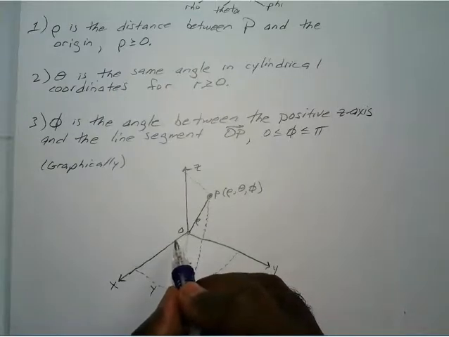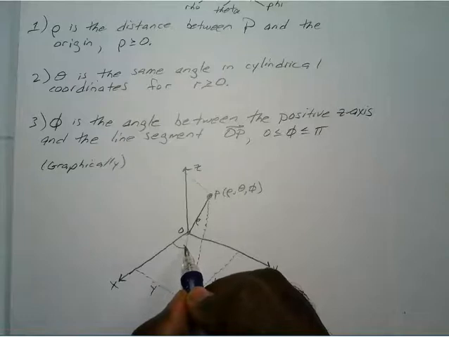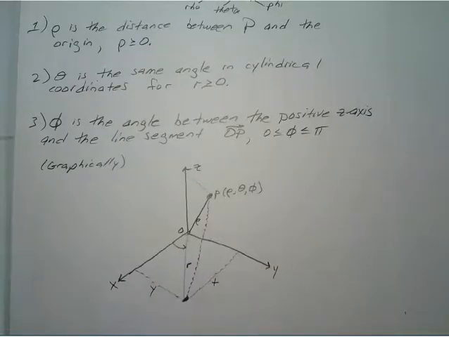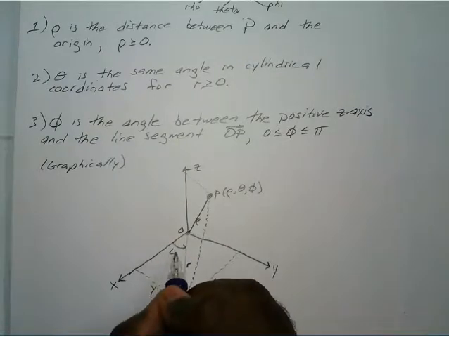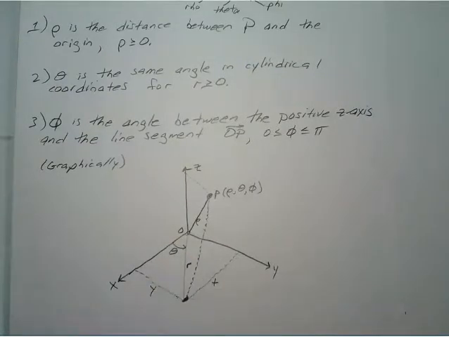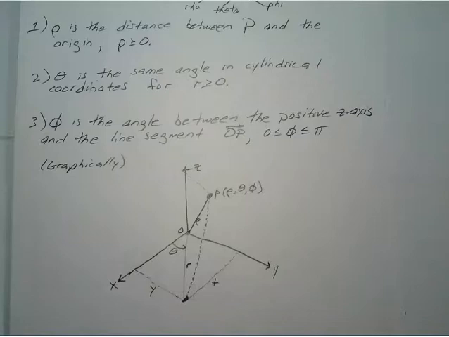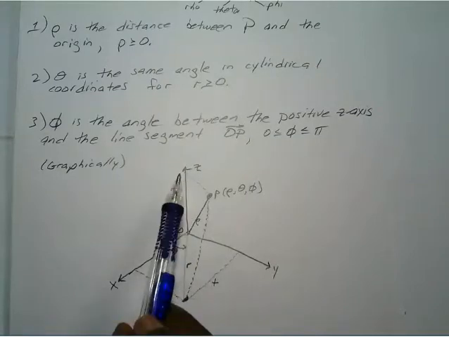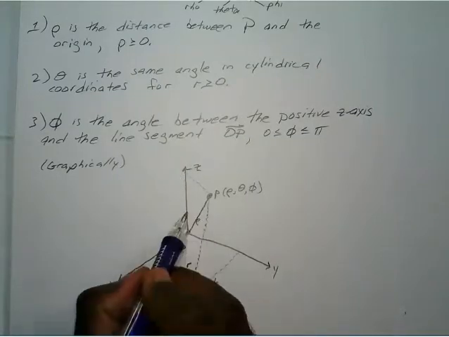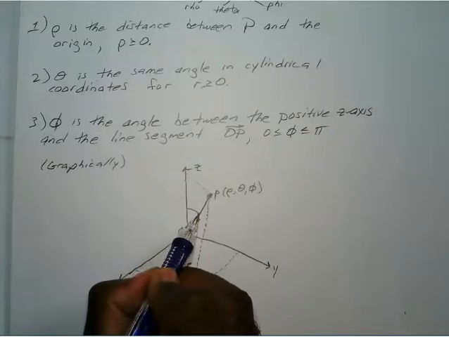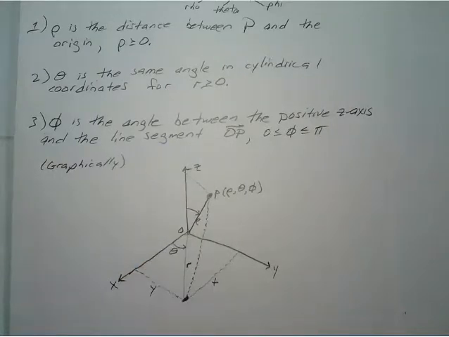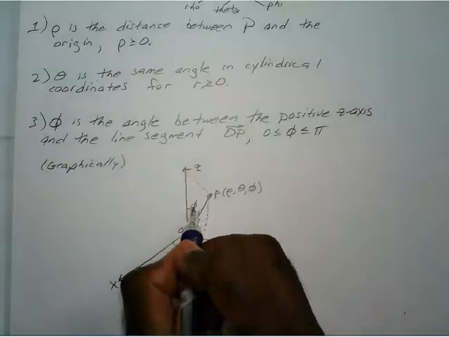It's the angle from our positive x-axis to our radius. Okay, so that's our theta. All right, now our phi, which is a new one, that's the angle between the positive z-axis and this line segment. So in other words, the angle between here and here, that's our phi.